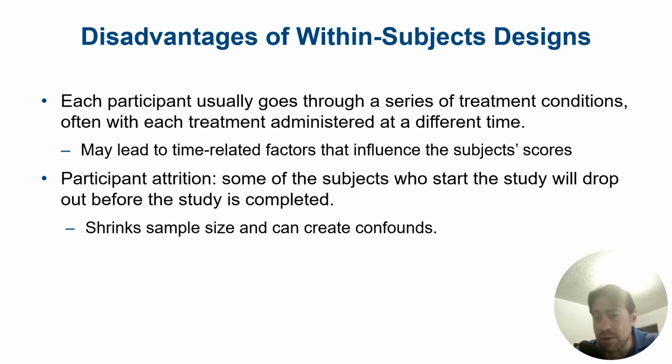For example, there may be non-random reasons for why some people drop out and other people remain in your study. So what if it's the case that only the most committed people remain in your study? Well, that changes the composition of your sample, and suddenly your sample may become less representative, which threatens external validity.